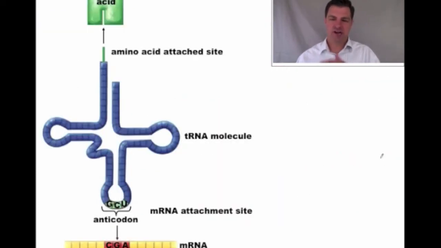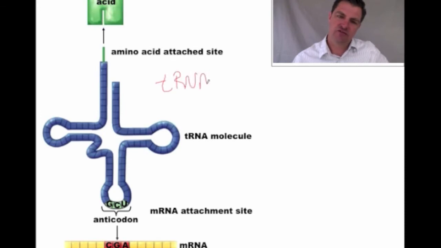The next thing we need to talk about is this other molecule called a tRNA. tRNA stands for transfer RNA. Transfer RNA is, once again, an RNA molecule that you see there folded up.